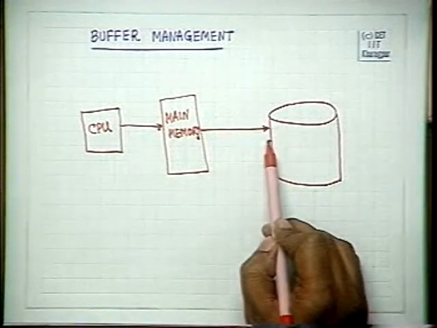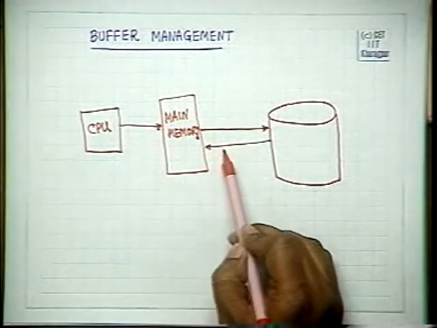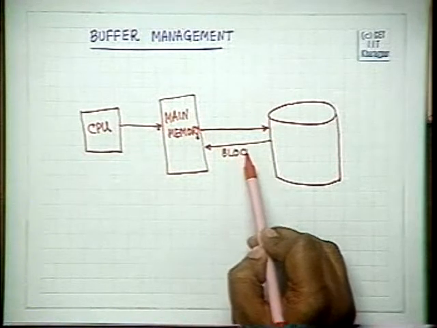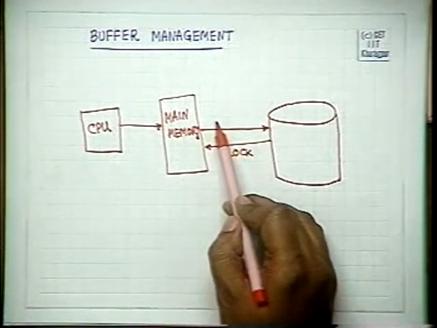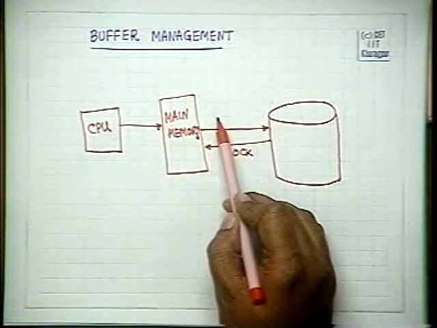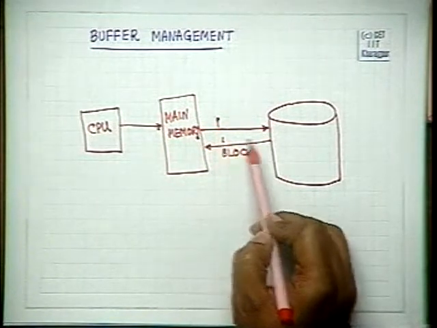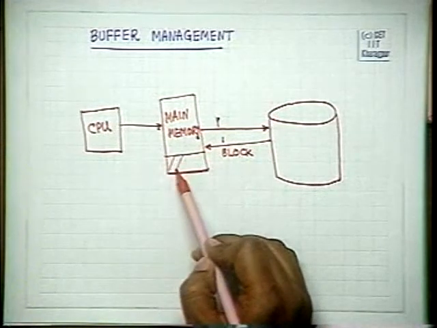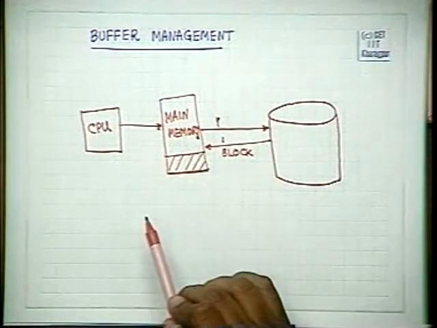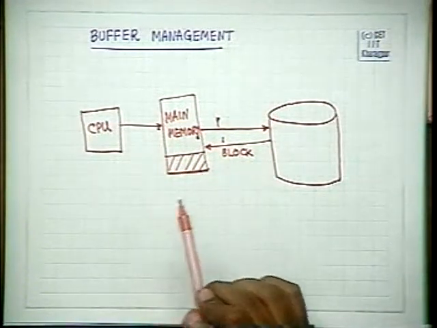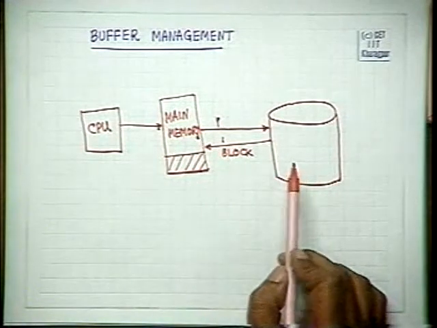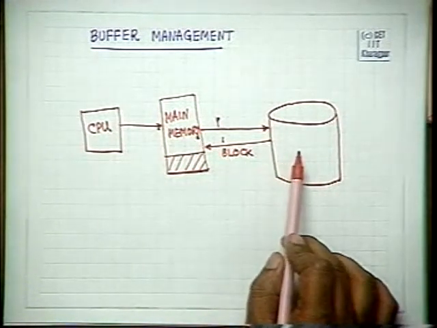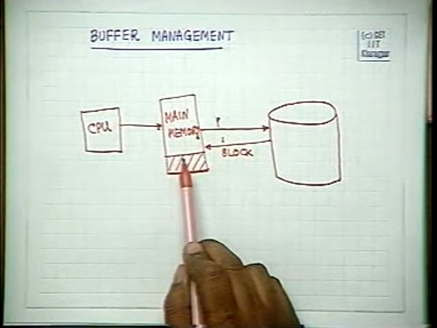Now the disk will read one block and store it, so a block will come. A read request or a write request will come. So if it reads, then it will read one block and store it into the memory. Now buffer management is a management scheme in which you keep track of what information of files are already present in the main memory.